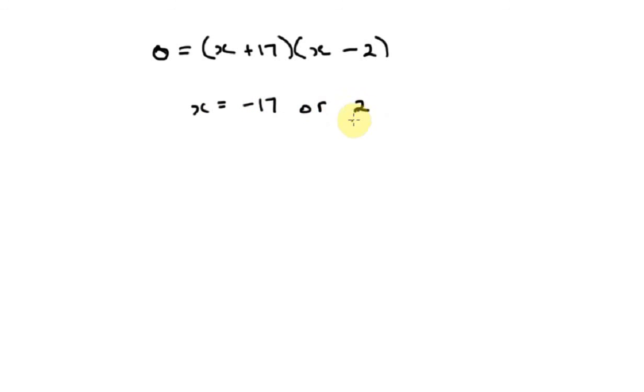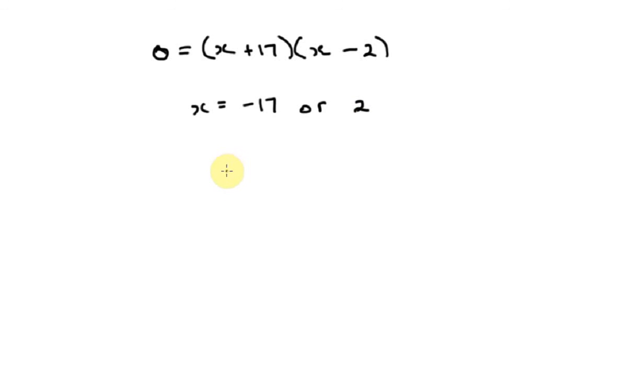So 0 equals, and if I factor the quadratic on the right side, we would have x times x, and then I need two numbers that multiply together to make negative 34 and add up to positive 15. And those numbers are 17 and negative 2. So I have two solutions, it would seem, for x. Either I have negative 17 or I have positive 2.